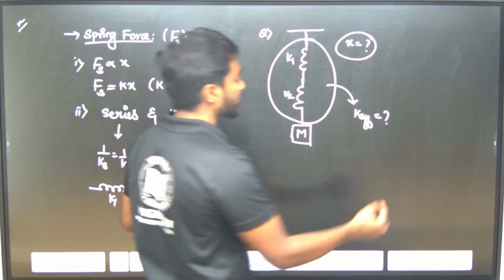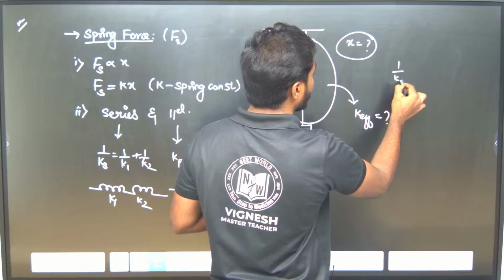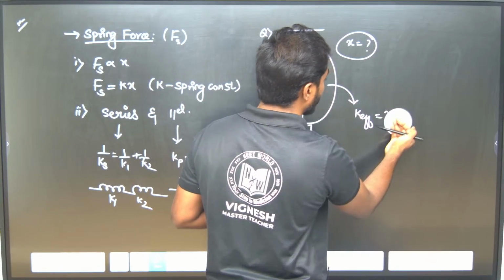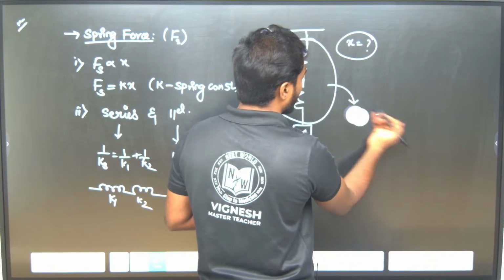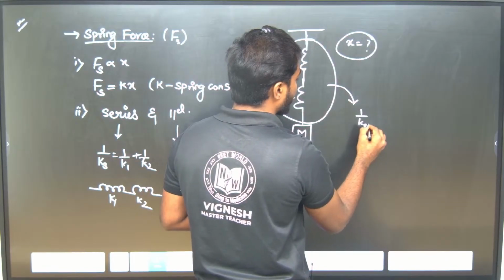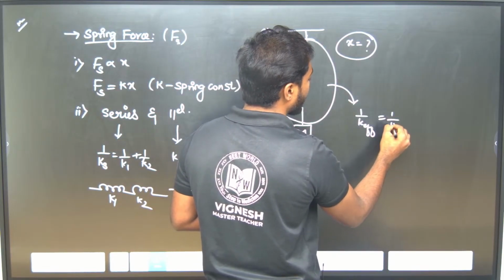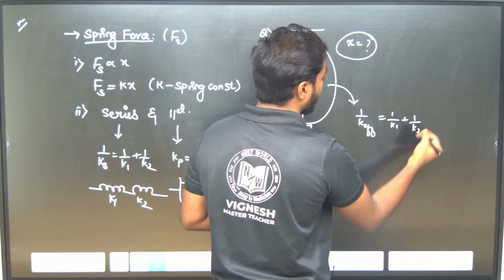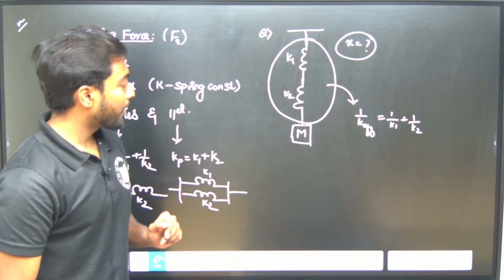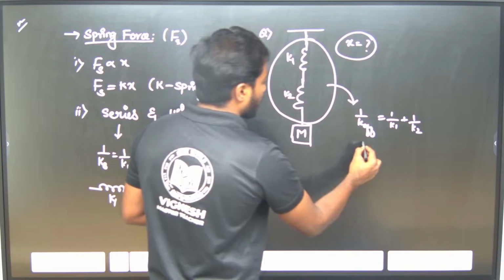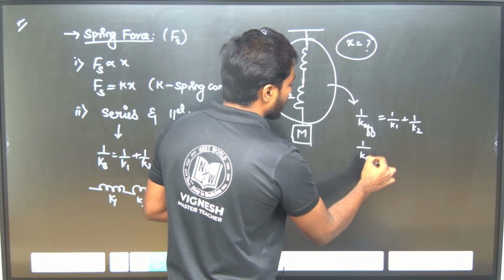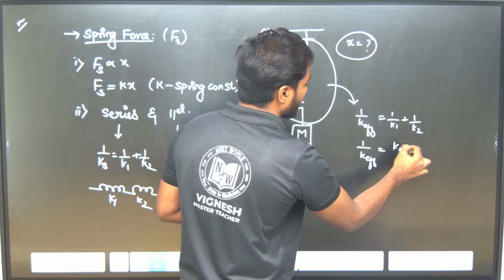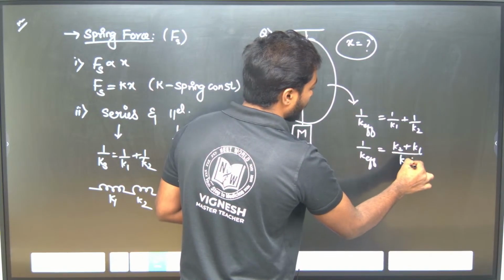So the series formula is 1 by K effective equals 1 by K1 plus 1 by K2. So 1 by K effective equals (K2 plus K1) by K1 K2.